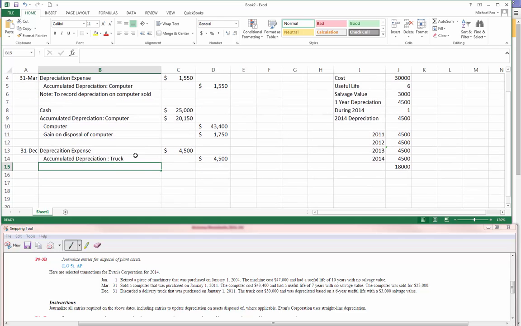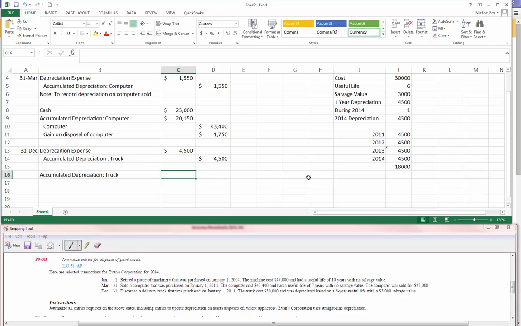Then we have to do the entries to recognize, let's see, we didn't receive any cash, right? We discarded the truck. So we didn't receive any cash for the truck, so our cash doesn't go up. We still have to get rid of the accumulated depreciation for the truck or close that account out. That closeout is going to be equal to the balance of the accumulated depreciation account, which is $18,000.